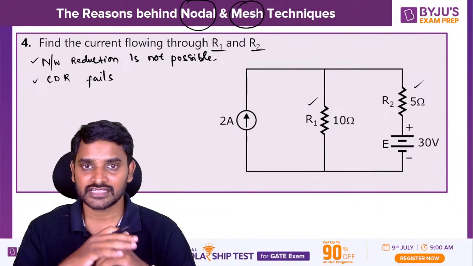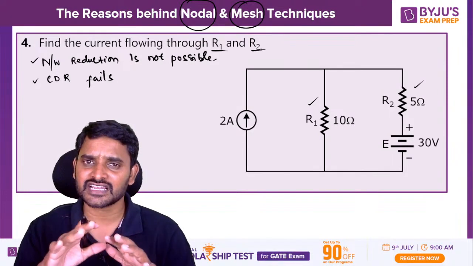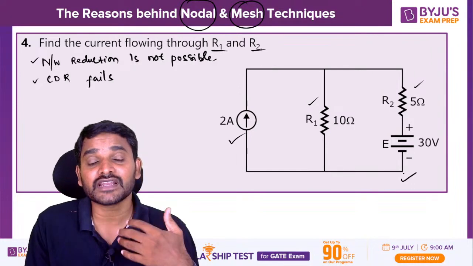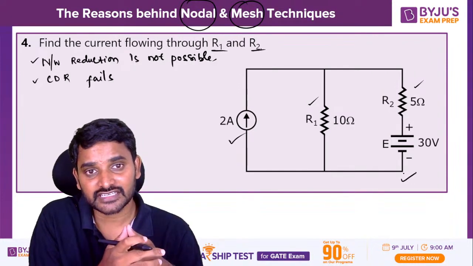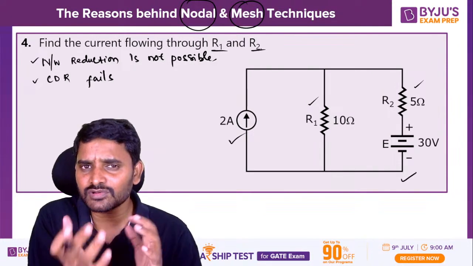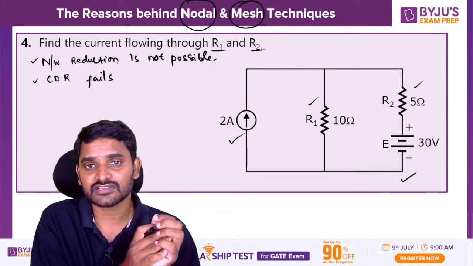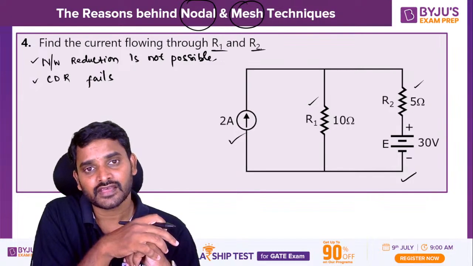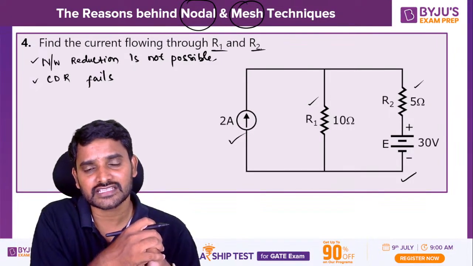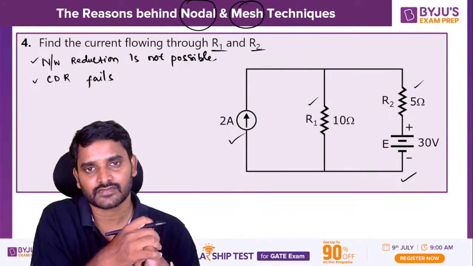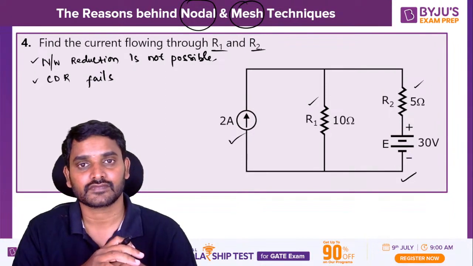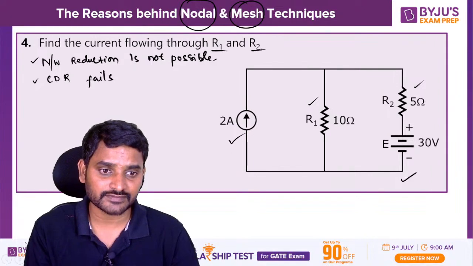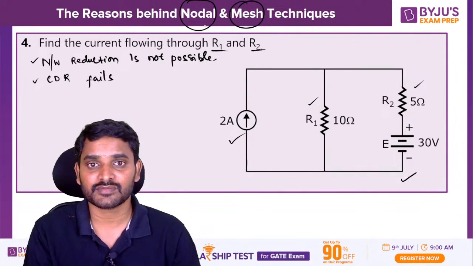This is the point. The reason behind nodal analysis and mesh analysis is this: whenever you are not able to apply the network reduction technique or the current division rule or the basic rules and laws, if you fail to minimize the network by network reduction, then you must implement nodal analysis or mesh analysis. That is the main thing. What do you mean by nodal analysis or mesh analysis?